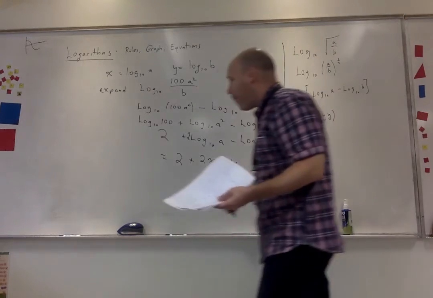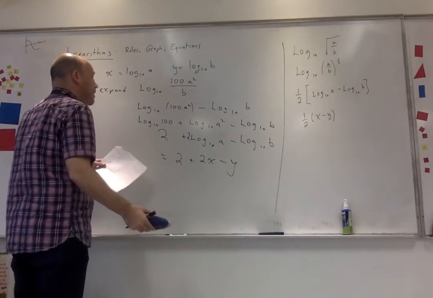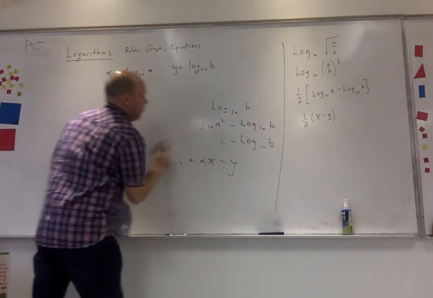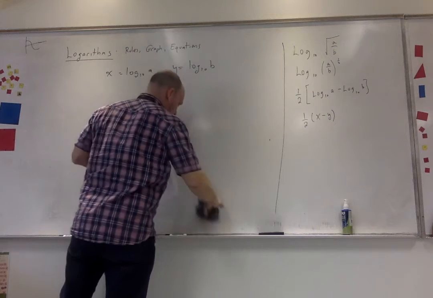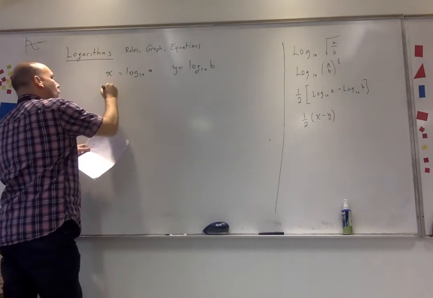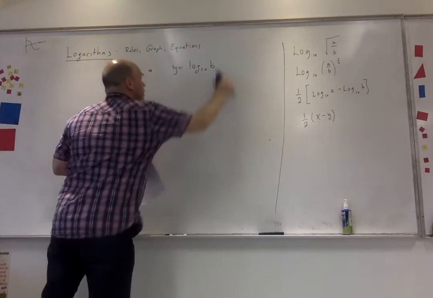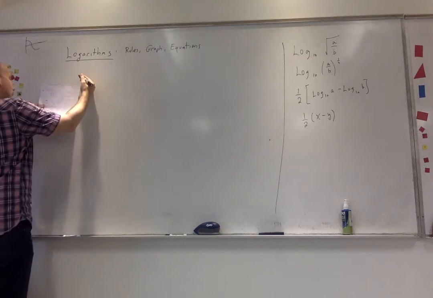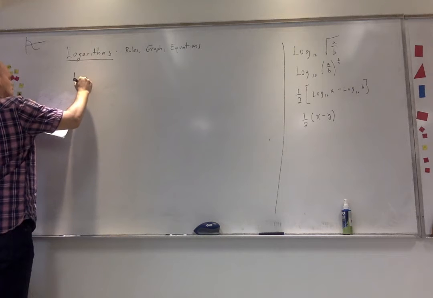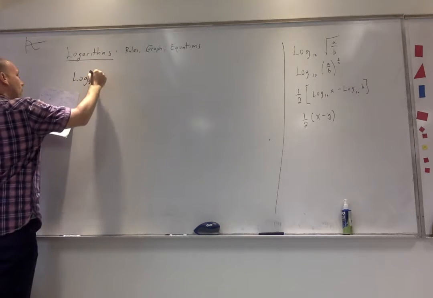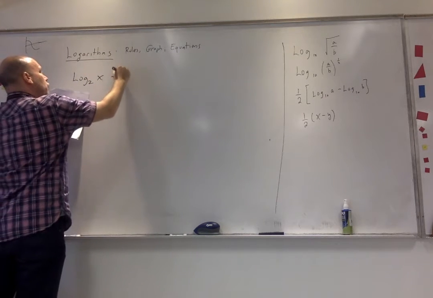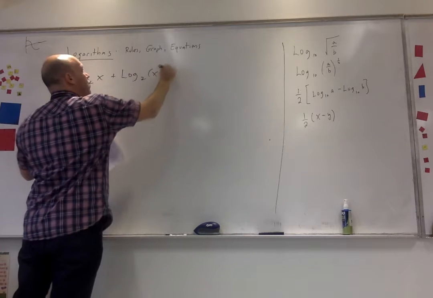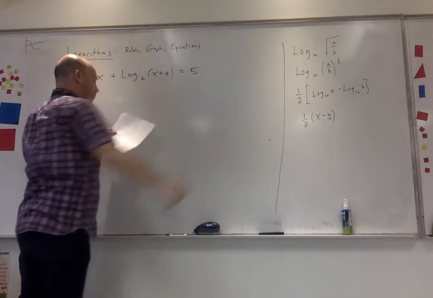In this next example, let me erase this, I apologize. In this next example, we have log base 2 of x plus log base 2 of x plus 4 equals 5.